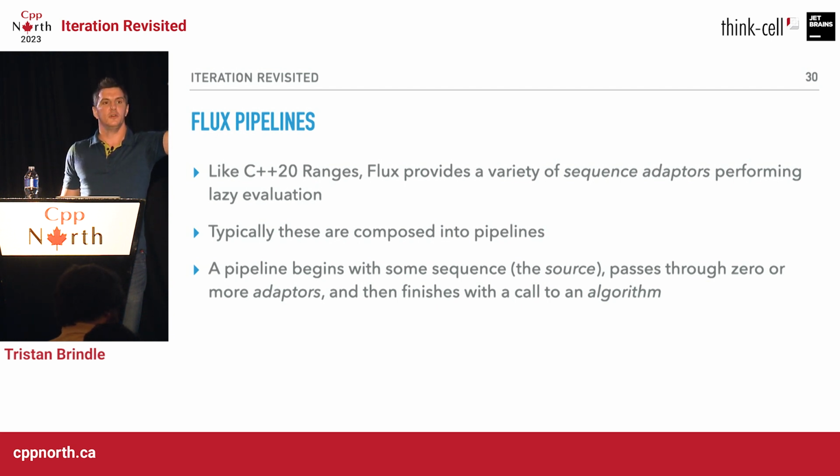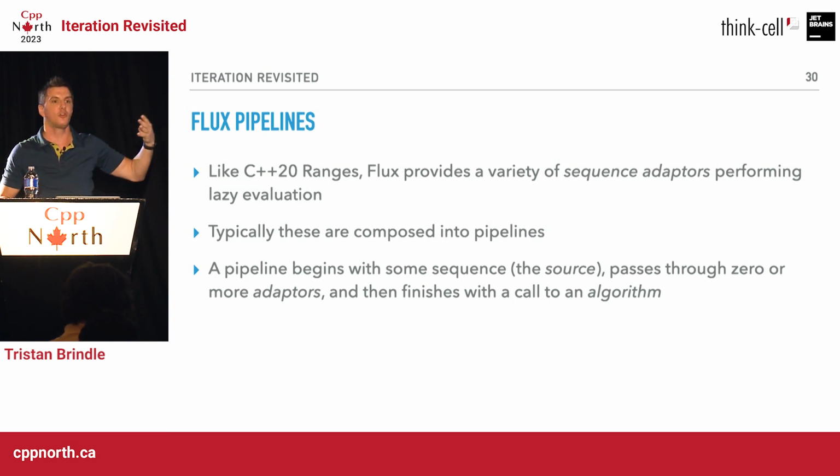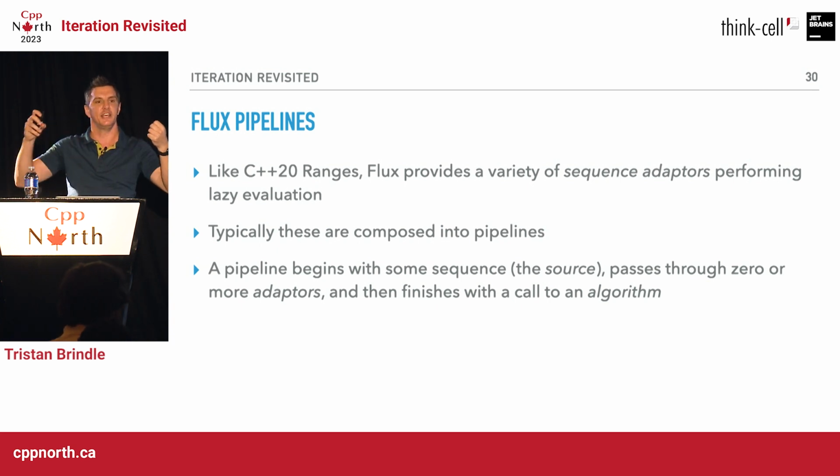We pass it through zero or more adapters that set up how our data is going to be read, right? So the adapters in the setup process, they don't do any actual work. They just set up how the iteration will occur. And then finally, we call some algorithm that actually does the iteration, and at this point, the adapters do their thing.